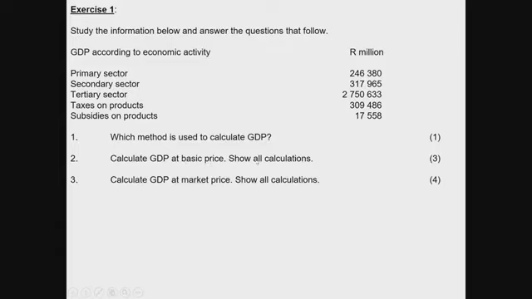3314978. And to get from GDP at basic price to GDP at market price, I have to add taxes on products minus subsidies on products.